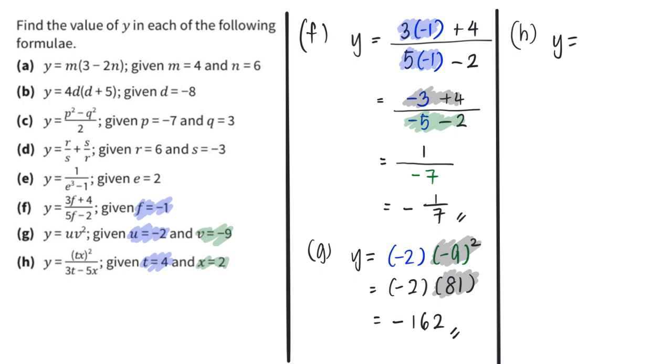So (tx) bracket square, I will have 4 times 2, 4 times 2 bracket square over 3t minus 5x. So it's 3, t is 4, minus 5 times 2.